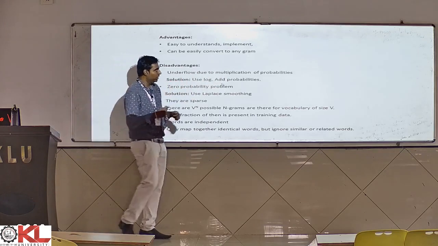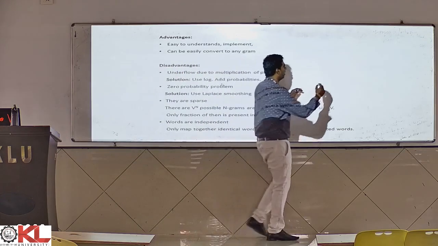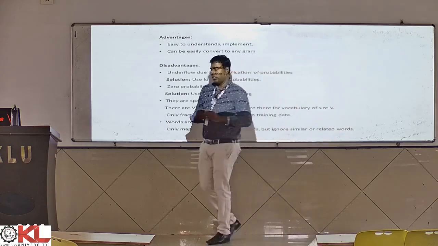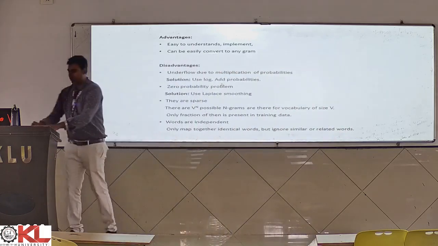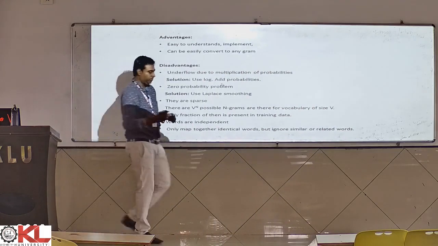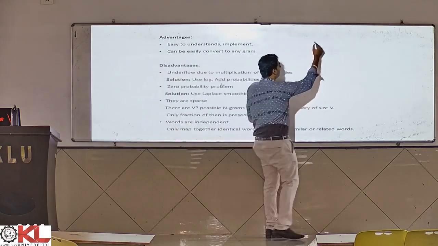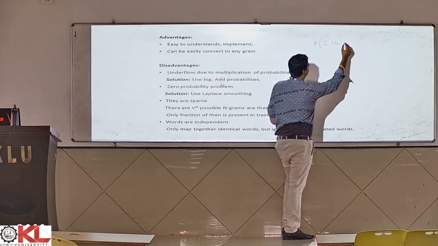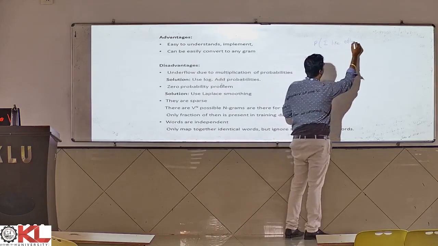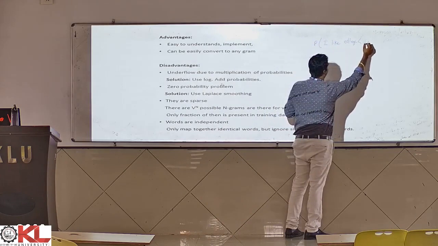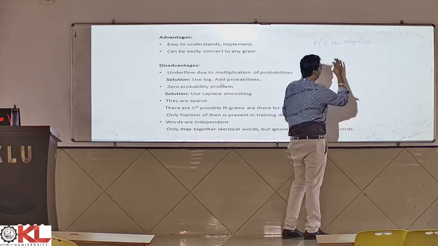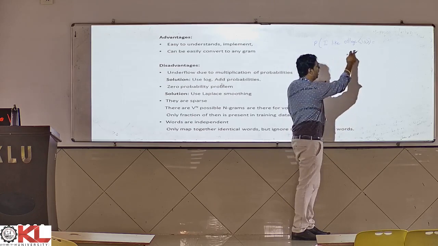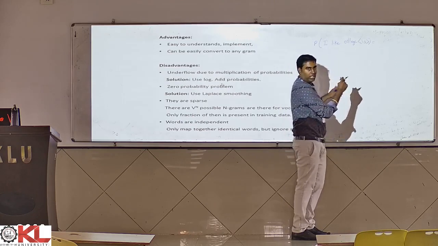For example, previously we have seen one example, right? We checked the probability of occurrence of the sentence "I like college" in the corpus, ending with the end of the sentence. How did I find it?